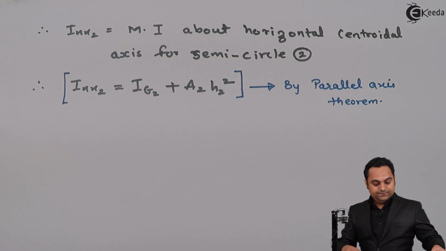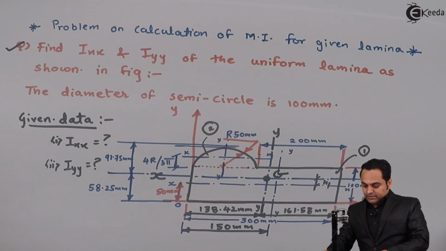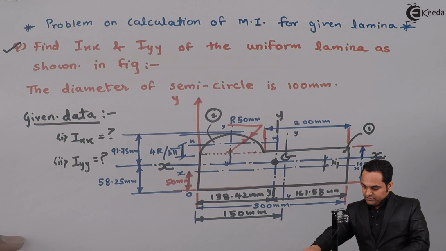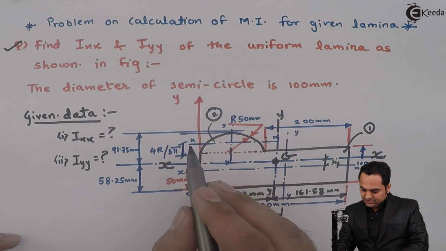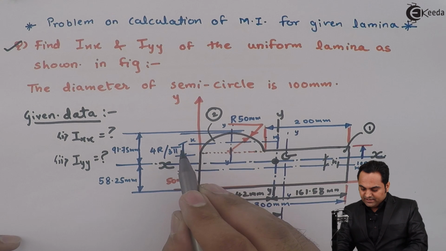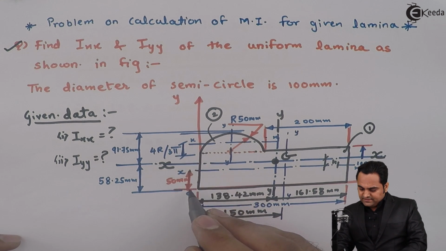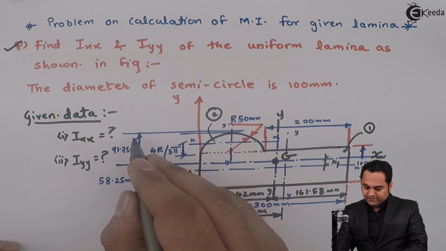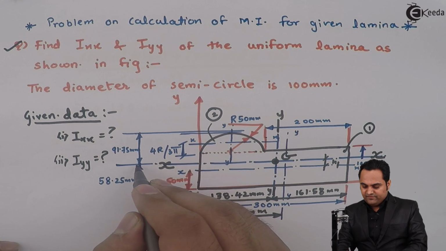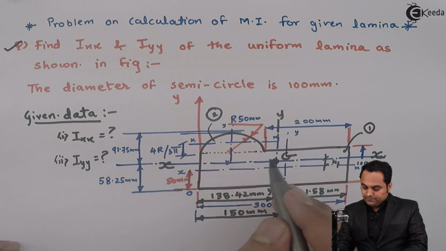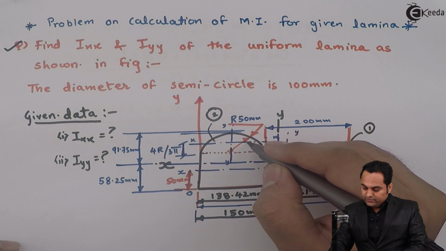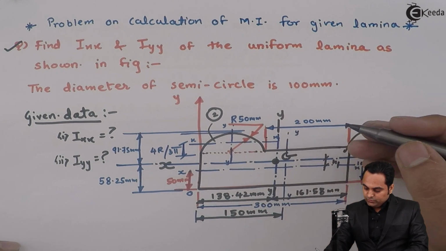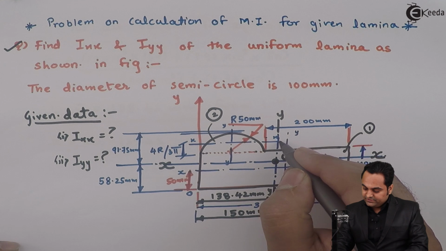So here if we see, the x-axis of the semicircle is at distance 4r upon 3 pi from its diameter, but the x-axis of the complete system is at 91.75 mm from top. It means there is distance between the two axes, that is the two x-axis, which I can extend here.